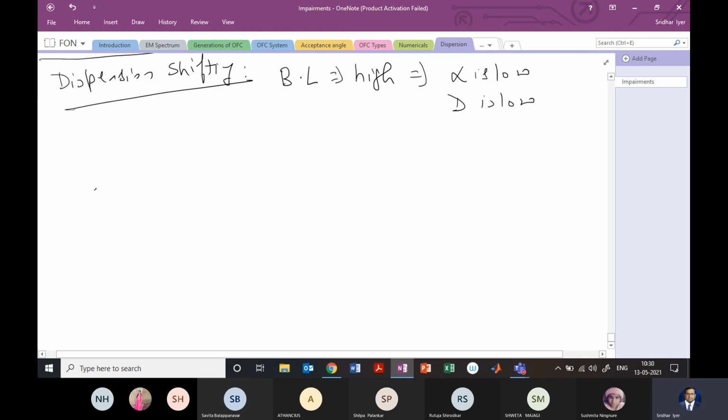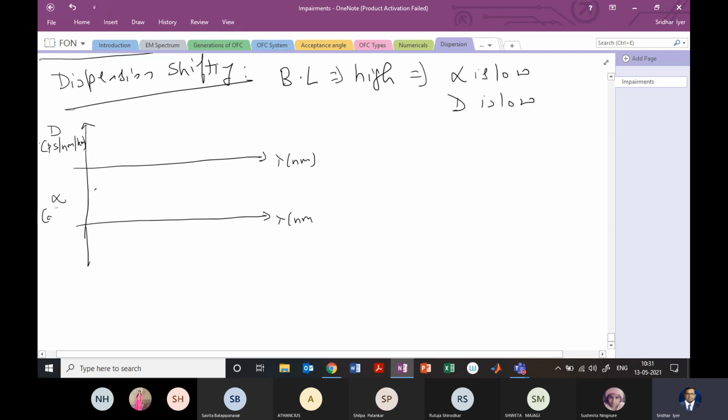So very quickly I'll redraw that graph on the side so that you'll always have a reference for what we are trying to do. This is lambda in nanometer, this is dispersion in picosecond per nanometer per kilometer, and this is alpha in dB per kilometer.